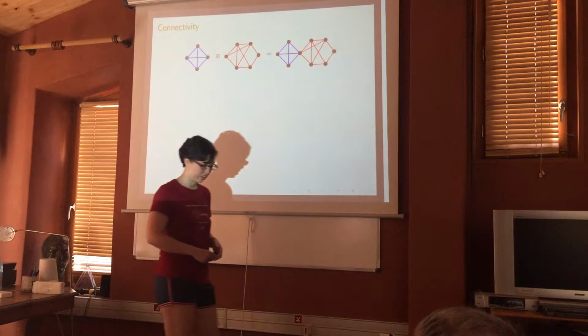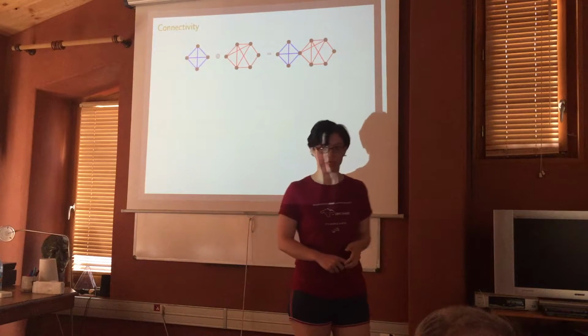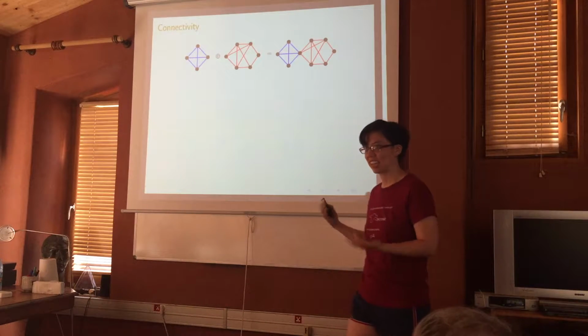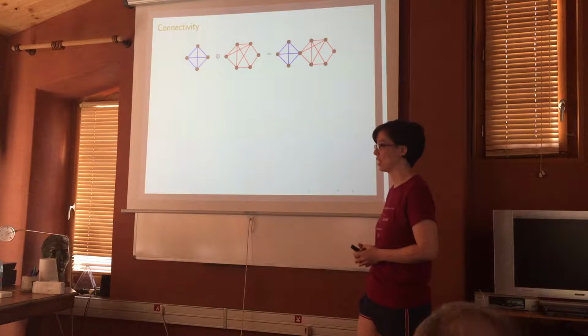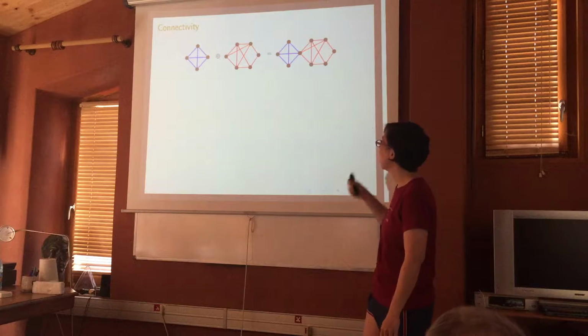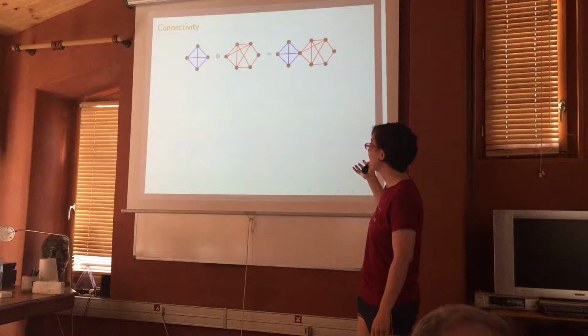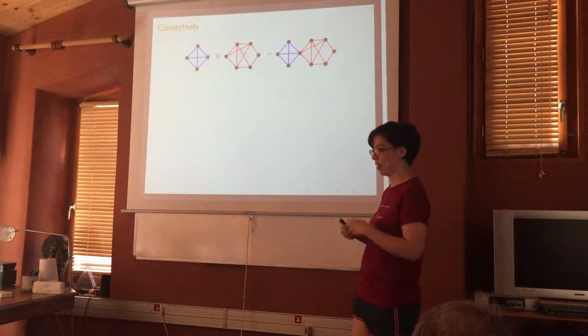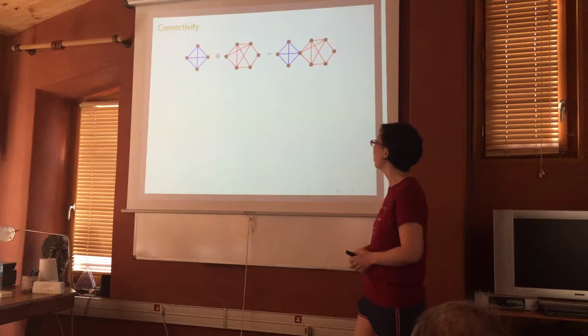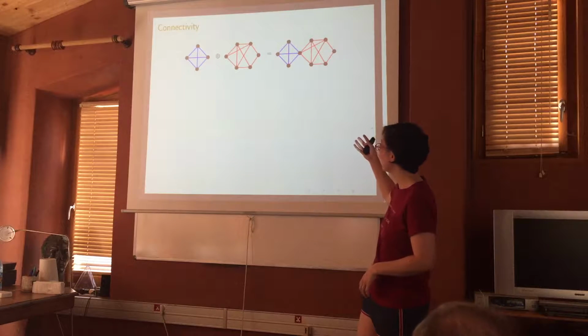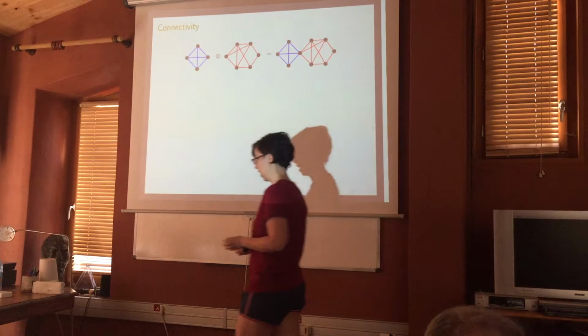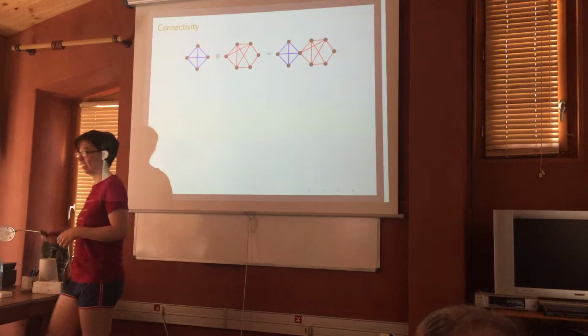So in order to talk about internally four-connected binary matroids, I'll tell you what internally four-connected means, and we'll build up to it. So in order to talk about connected matroids, I'm going to talk about some disconnected matroids. If you have a graph that breaks apart as a direct sum, like this is a direct sum.